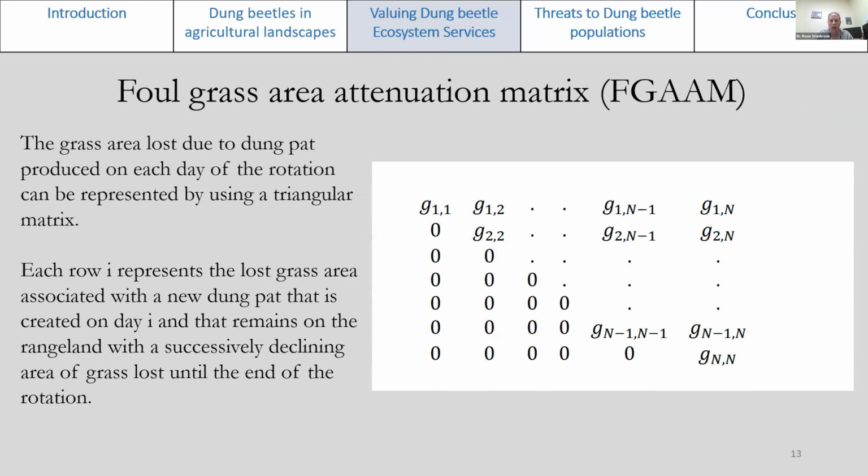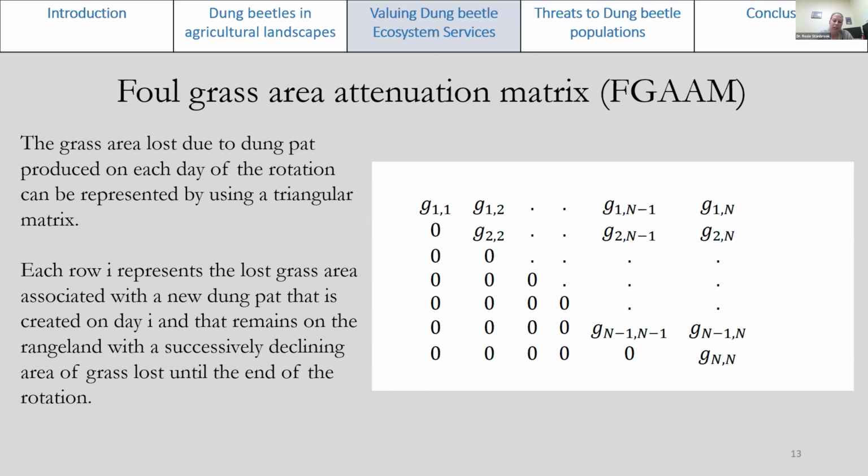So to do this, Mahadev Bhatt at FIU created this wonderful attenuation matrix that looks at the history of dung once it's dropped on a pasture. So you'll see here, G1,1 represents the first dung pat that's dropped on the first day and how it continues on throughout the pasture. And then G2,2 looks at the history of the second dung pat dropped on the second day.